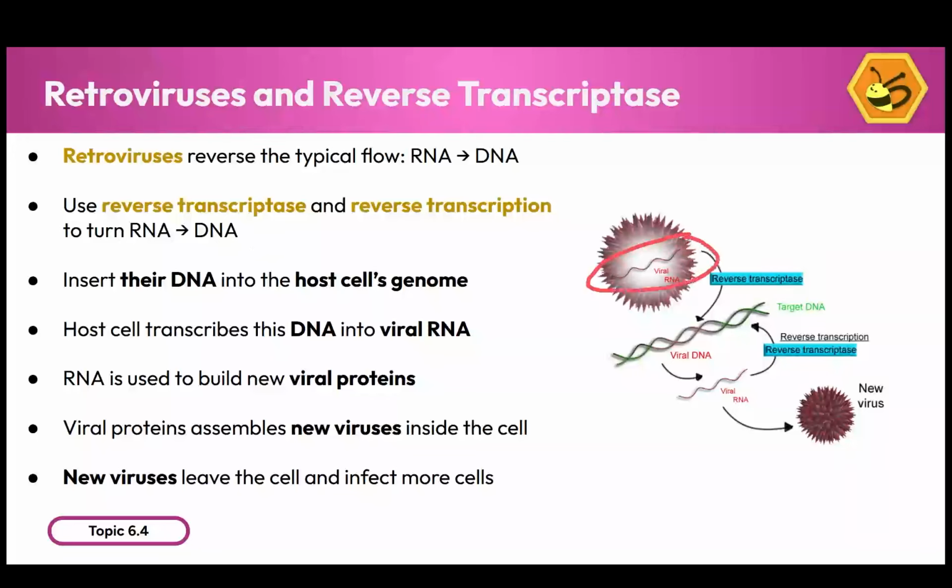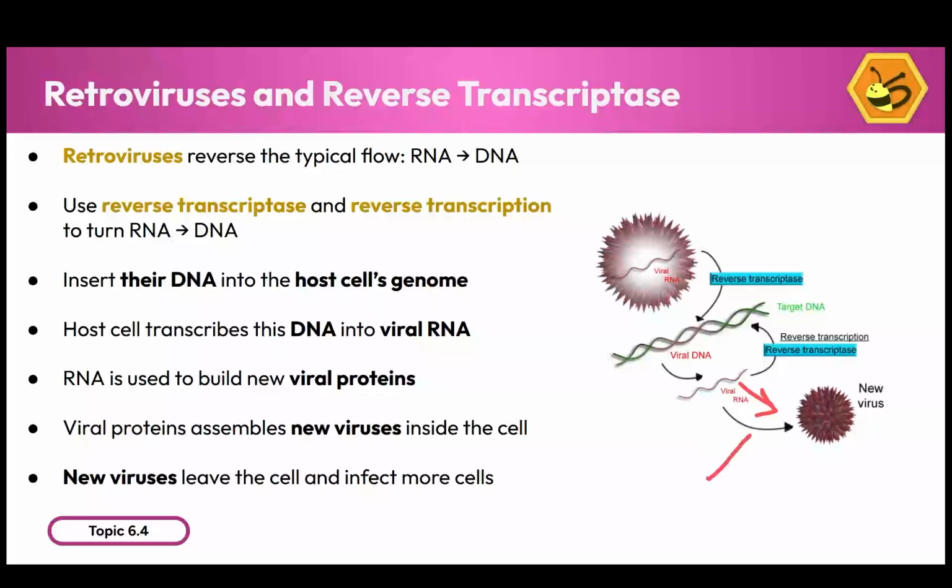Let's take a look at this right here. This is the RNA. It's just an RNA molecule. Then through reverse transcription, this RNA molecule is turned into DNA. Then it inserts this DNA into the target cell's DNA, into your DNA. And afterwards, this DNA gets transcribed, and then this viral RNA, this is the imposter, goes to the ribosomes.